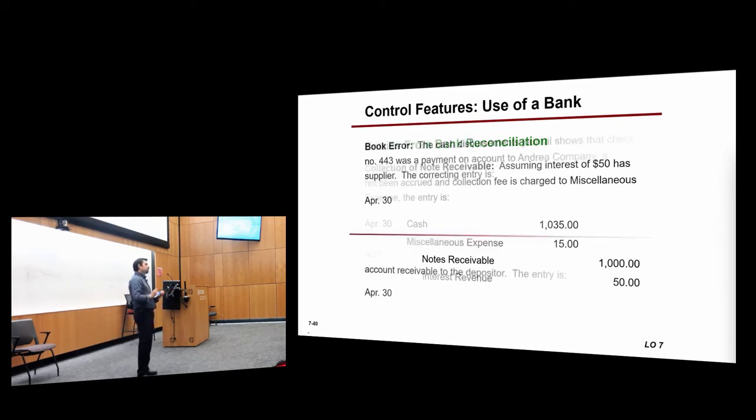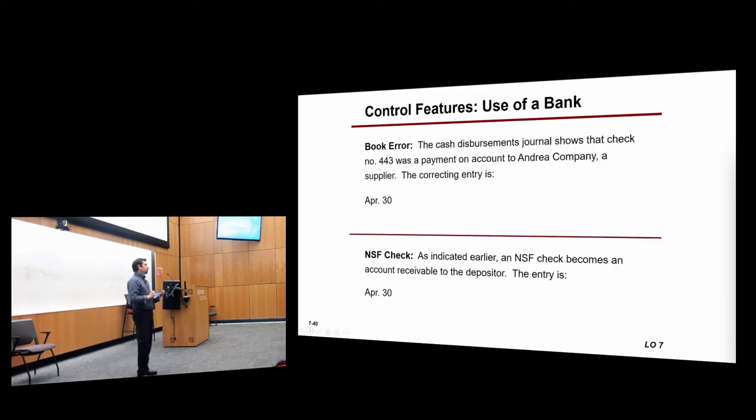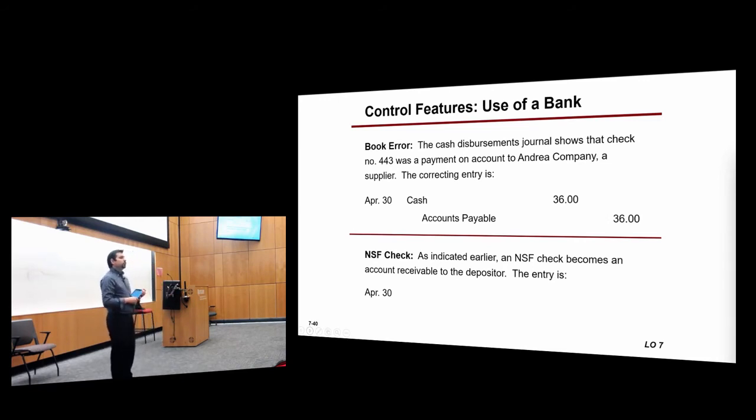And then there is the book error. Okay? We needed to correct that book. What did we do? We added $36 to cash. When you add to cash, what do you do? You debit cash, credit accounts payable. Because basically what were you doing?